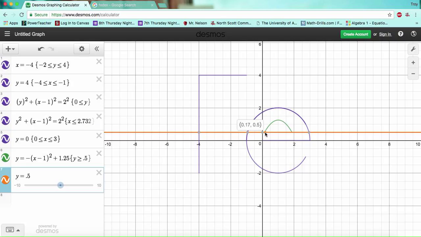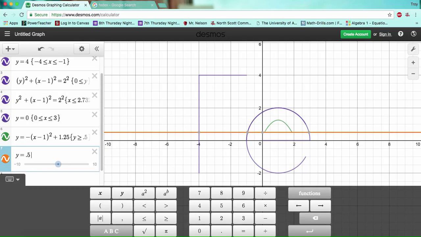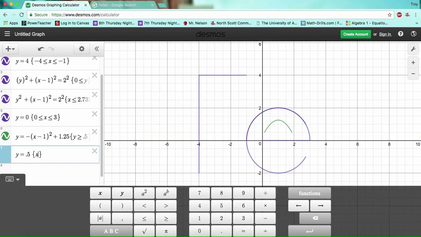And if I look at where this point ends on my green line here that I have for the E, it looks like I only want to see from the x values 0.15 to 1.85. Oh, 1.85. So now I've got my center.